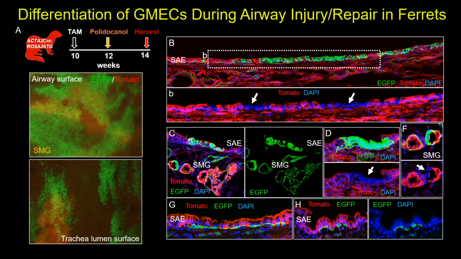In red panels, we can see GFP-labeled myoepithelial cells covering the tracheal and bronchial surface and repopulating the airway epithelial cells. Here, we can see these cells can migrate to the basal layer and fill within the gland.